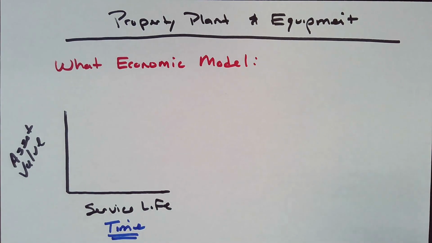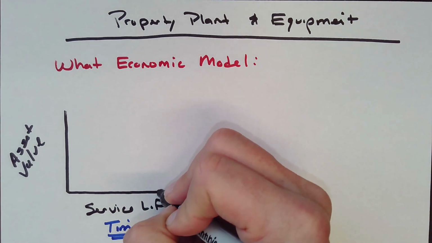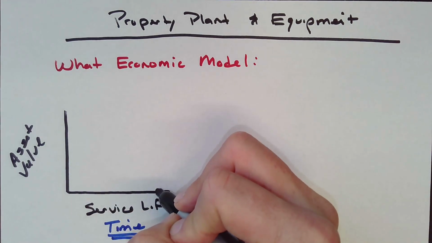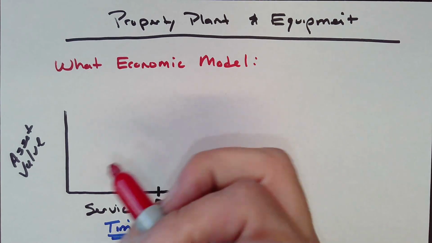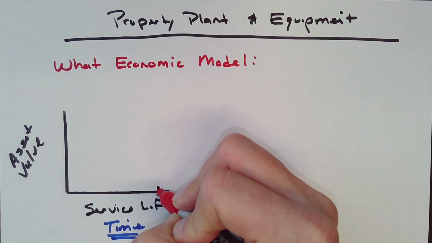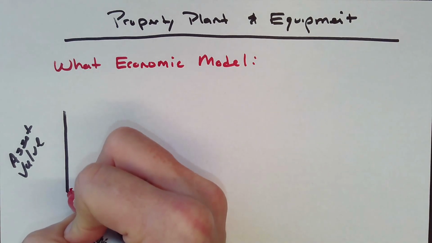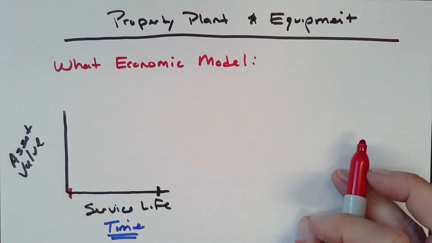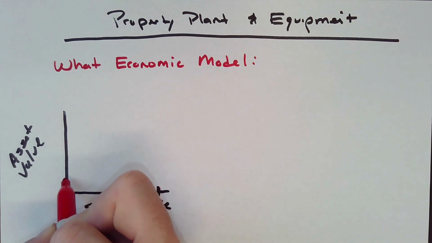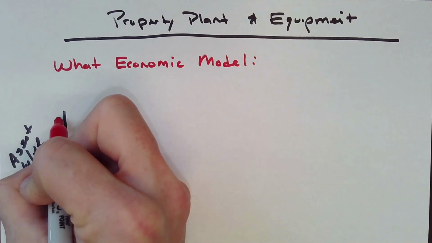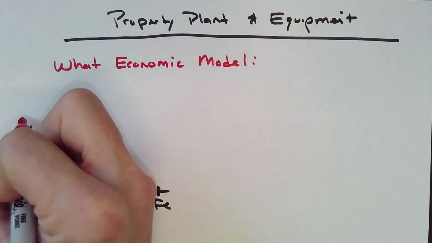So if the service life ends at this point here, that's my ending service life. Make that red. This is my beginning service life here. And my original cost is here. So here's my cost.